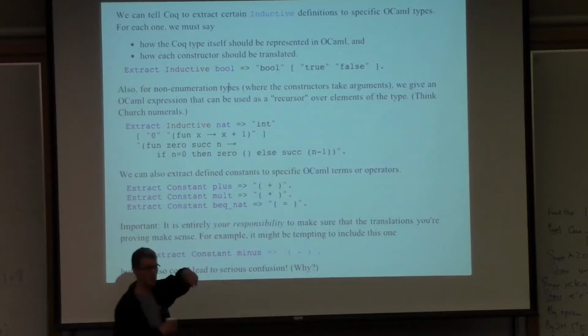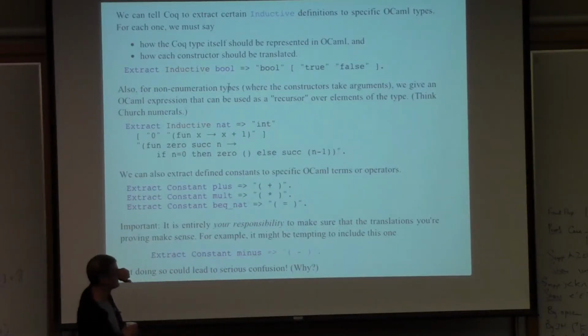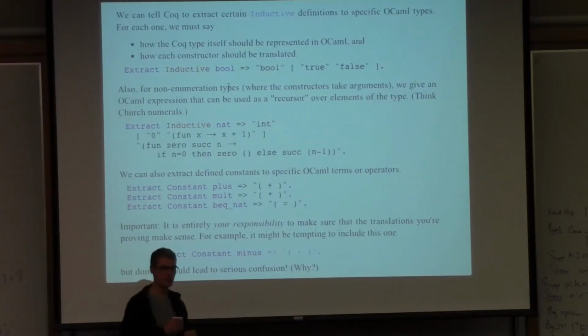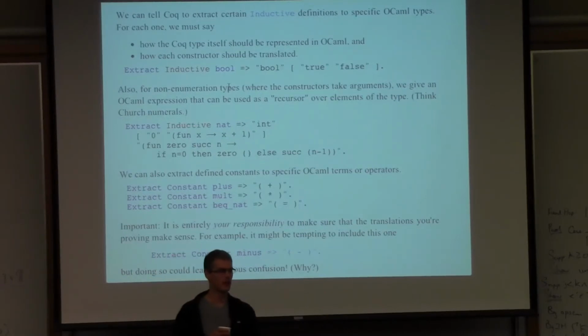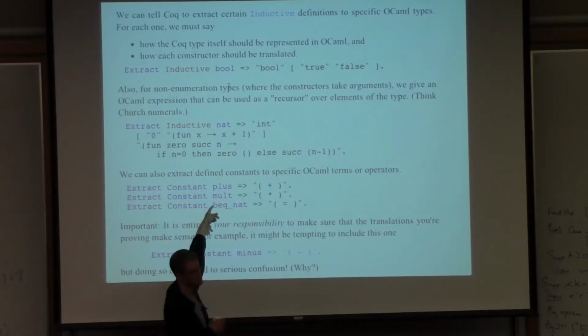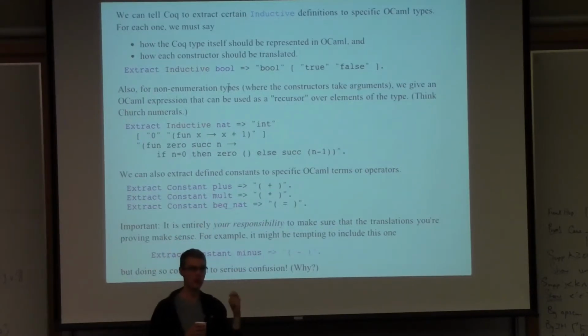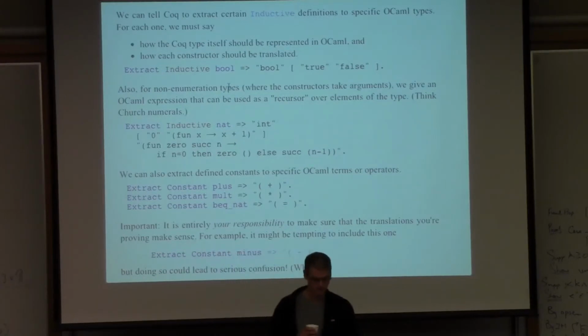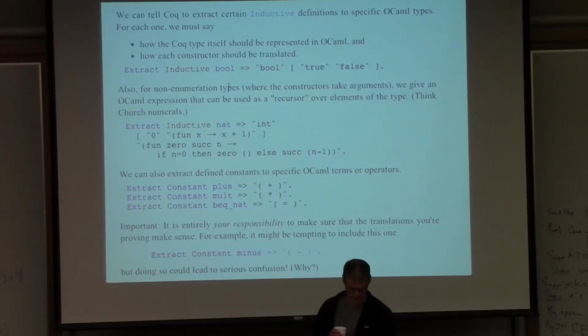In the Boolean case it did it automatically, but in the case of numbers, you need to provide a recursor, which corresponds to the induction principle for numbers. And that's a term where you should basically think about Church numerals. So it's a term that you give a function to do when the number is 0, and a function to do when the number is non-zero. And, well, you can see how it goes together.